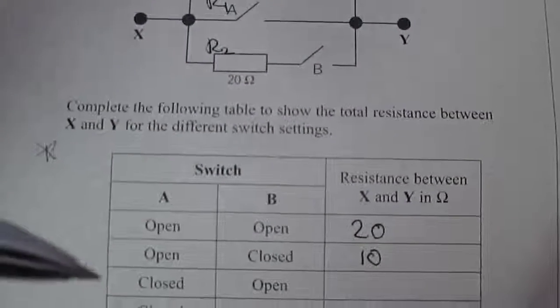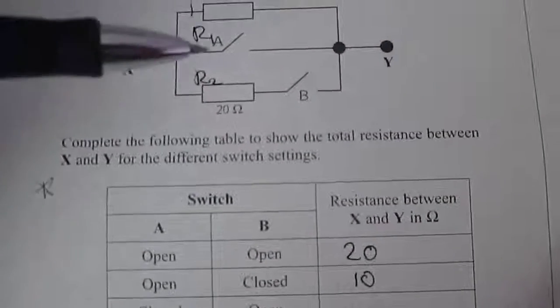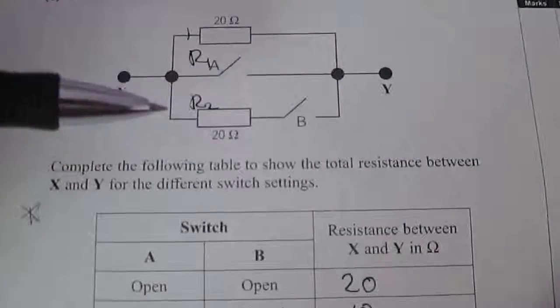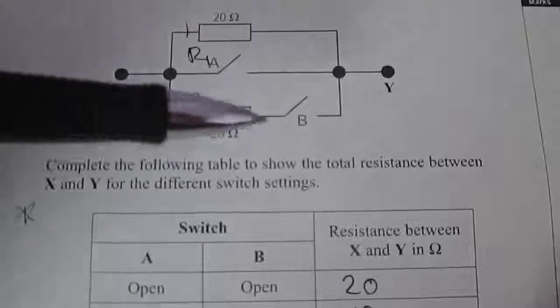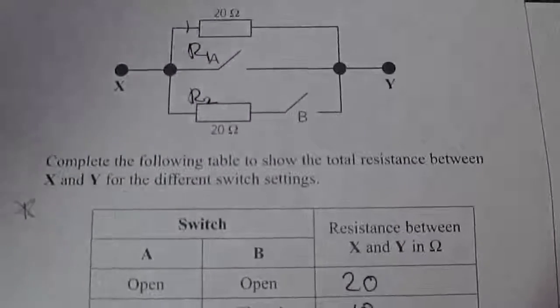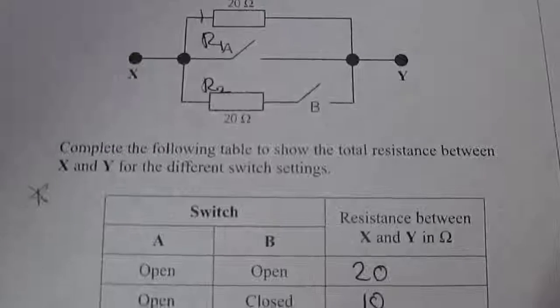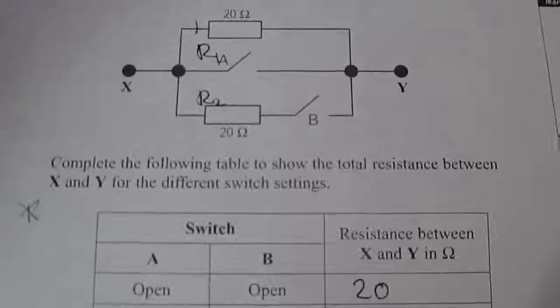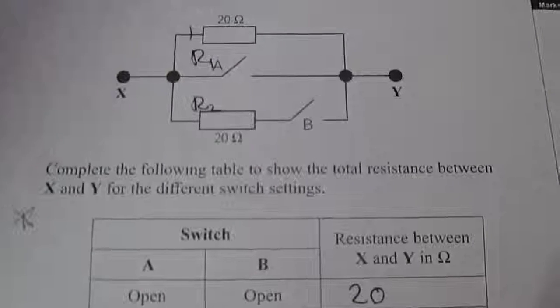So next one, switch A is closed, and switch B is open. So electricity can flow this way. It can't flow this way, it can flow this way and this way. Now remember, a resistor is trying to stop the flow of current. The current will always try and take the easiest path.